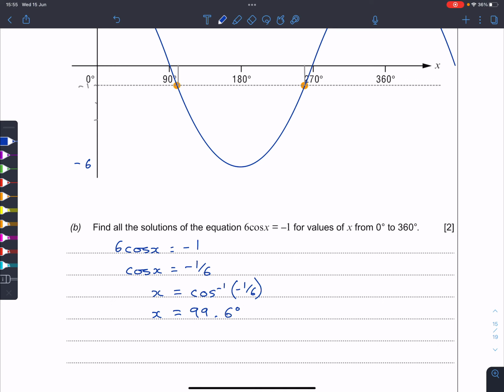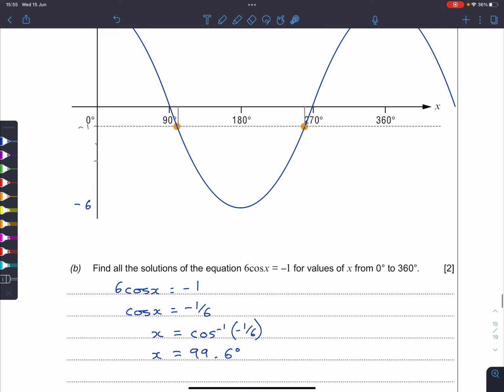Now, if we look back at our possible solutions, we had this one there that was just above 90. So this one here is 99.6 degrees. Now what that means is, if I know that this gap and this gap here are the same, and I know that this value is 99.6, that automatically tells me the size of this gap is 9.6, because it's 9.6 more than the 90 to get to 99.6.